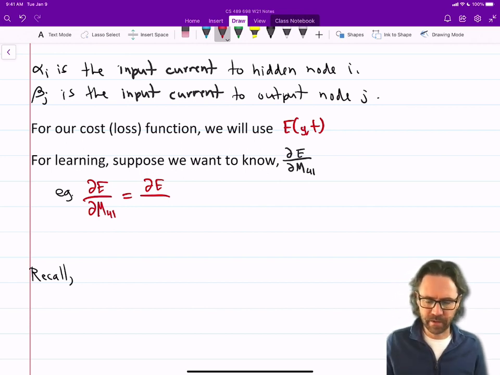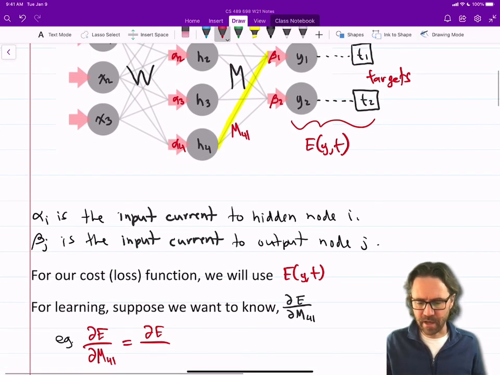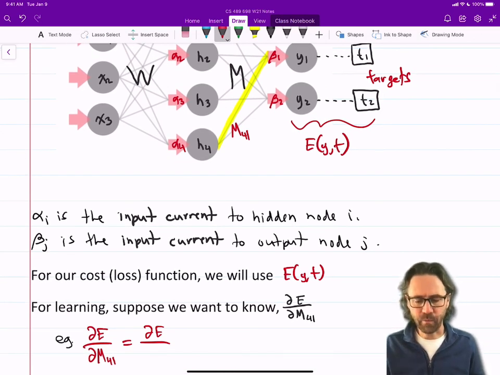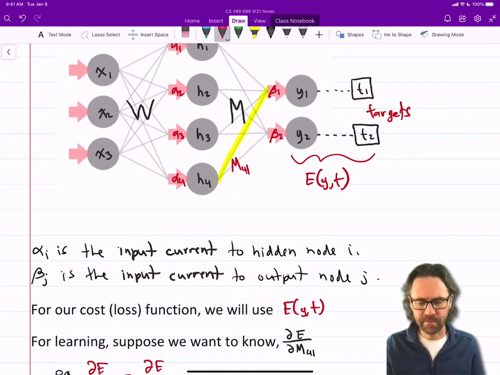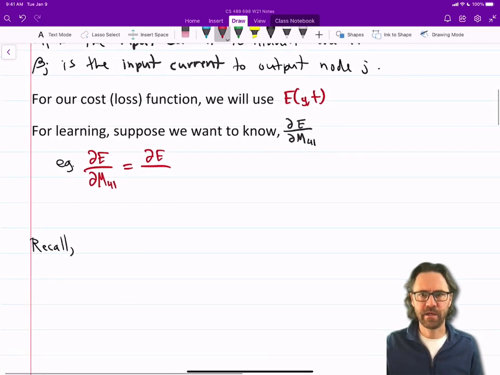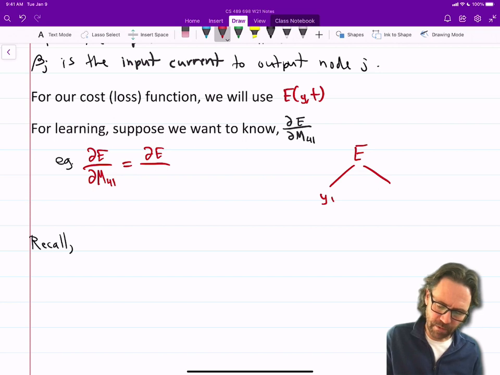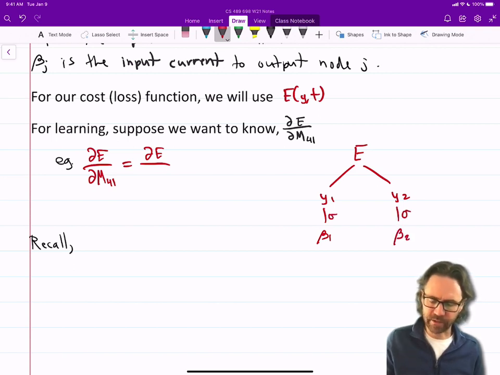The loss depends on Y, and Y depends on beta, and beta depends on the other stuff below it. So let's represent that as a dependency graph, or a computational graph, an expression graph. We have the loss function up here, which depends on Y1 and Y2. And Y1 depends on beta 1 through sigma, likewise for Y2.